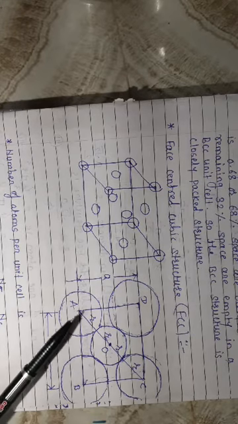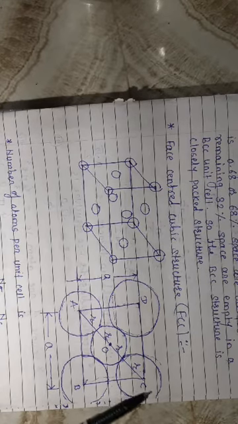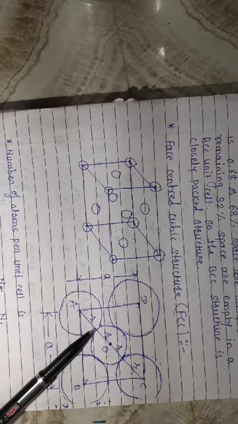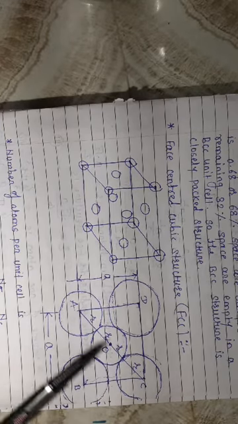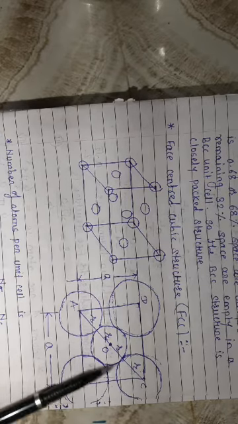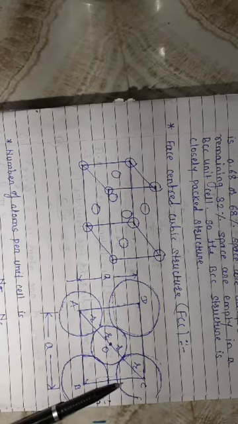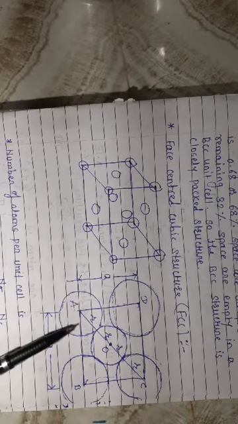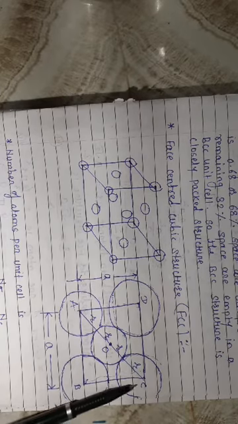This distance AC is 4r, because this is r, this is 2r, and this is r, meaning the total distance is 4r. Using the Pythagoras theorem for this triangle ABC, AC square is equal to AB square plus BC square. Is it right?